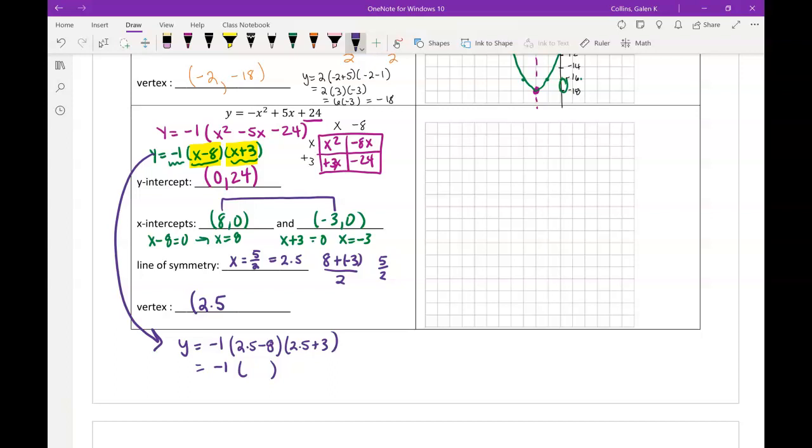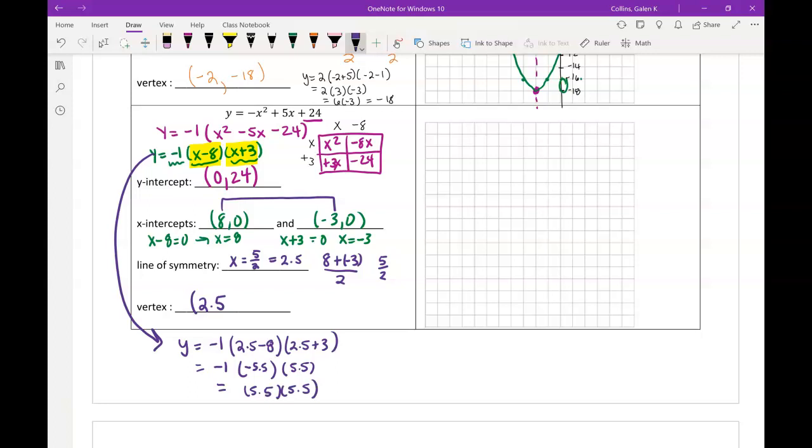That would be -5.5. All right, and then 2.5 plus 3 is positive 5.5. So when I multiply those numbers together, I get -1 times -5.5, which is 5.5, times positive 5.5.